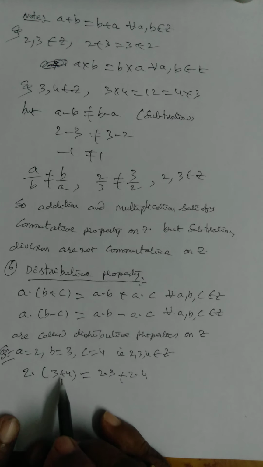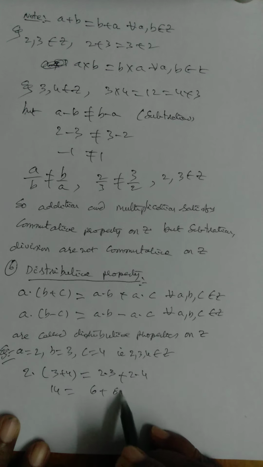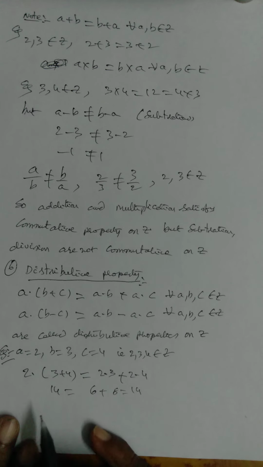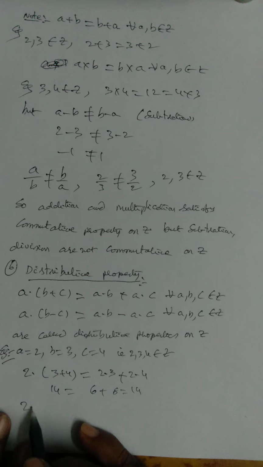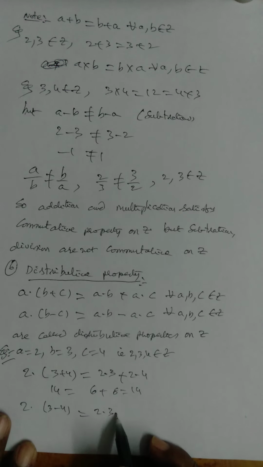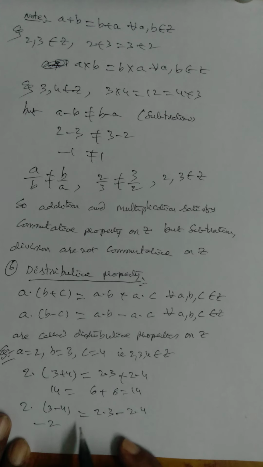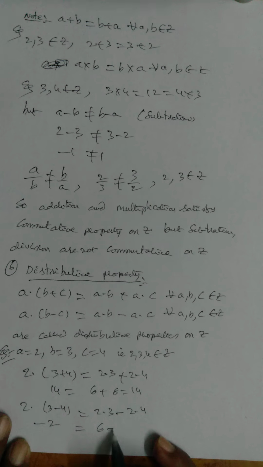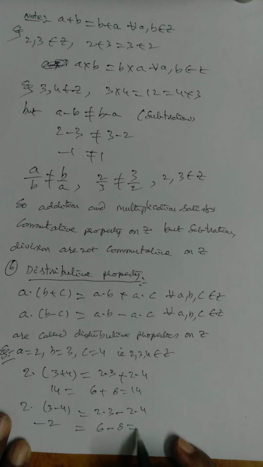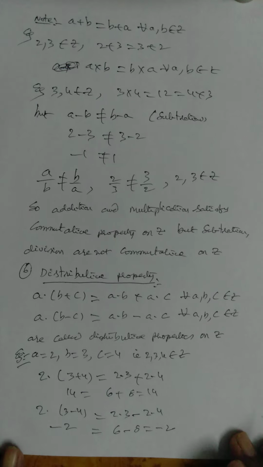Check it. 7 into 2 is 14, 6 plus 8 is 14. Similarly, 2 into 3 minus 4 is equal to 2 into 3 minus 2 into 4. 3 minus 4 is minus 1, into 2 is minus 2. Here 6 minus 8 is also minus 2. No problem. It satisfies.